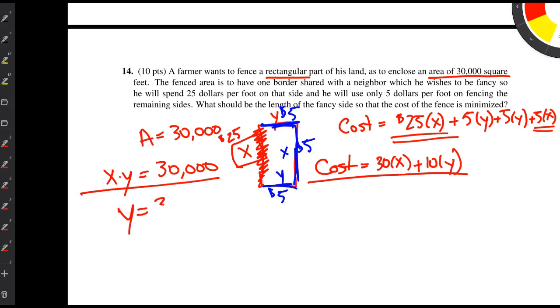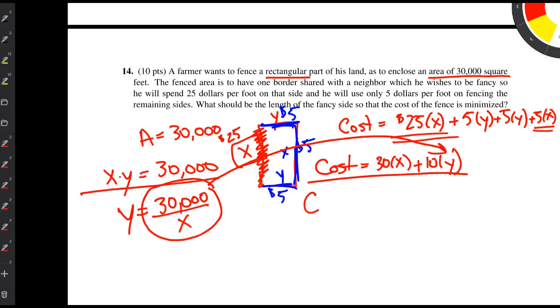So let's say y is 30,000 over x. I'm going to plug this in to where my y is in this function, so I have a function only in terms of x. So the cost function is going to be 30x plus 10 times y, which in this case would be 30,000 over x.